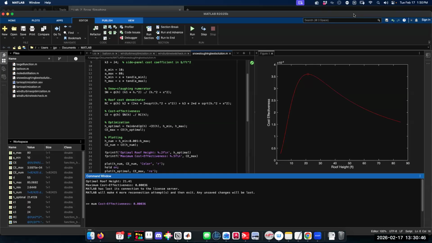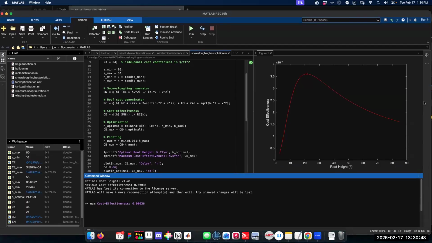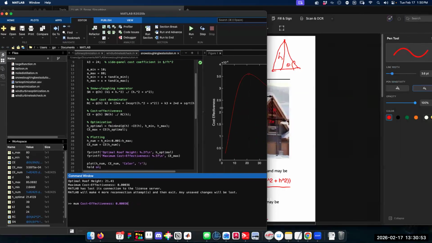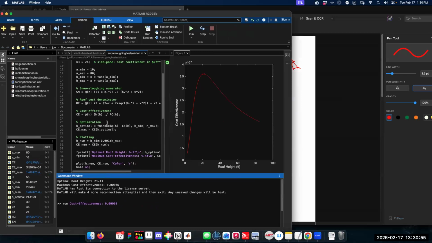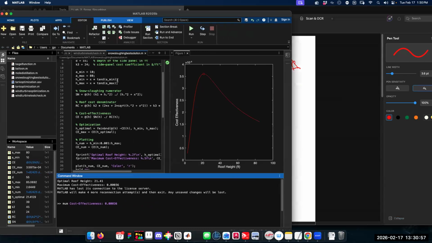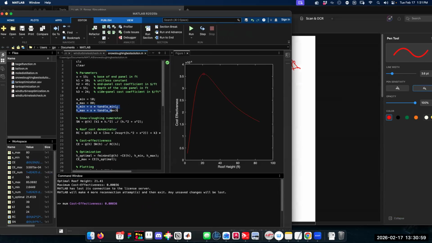Where specifically in the code, just real quick question, is the H equals X times the tangent of A? Oh yeah, up here. Okay, got it. It's like plugging in the angle min and angle max.